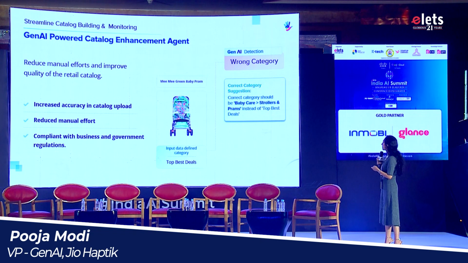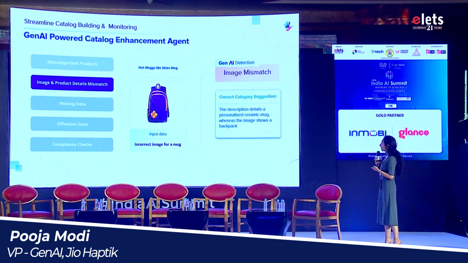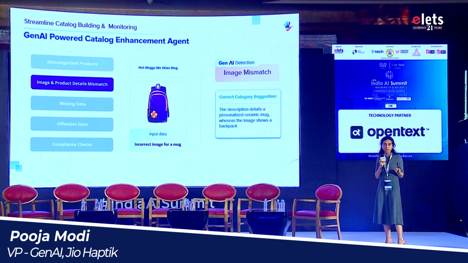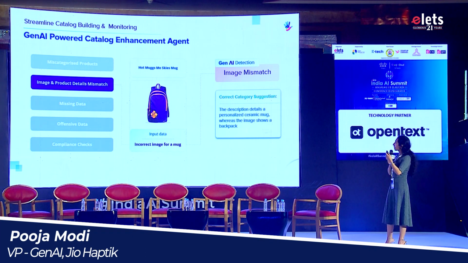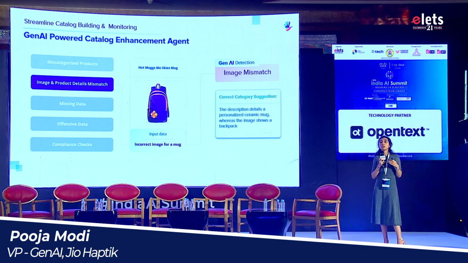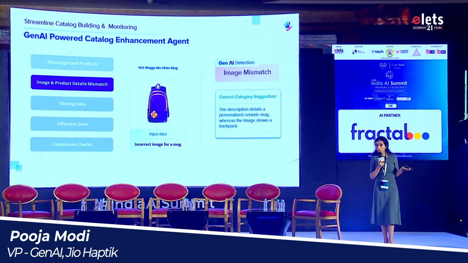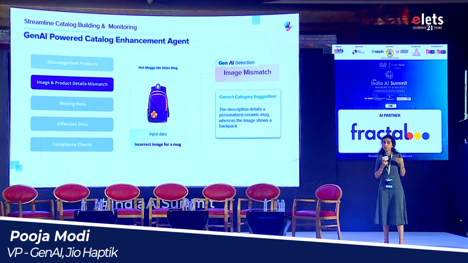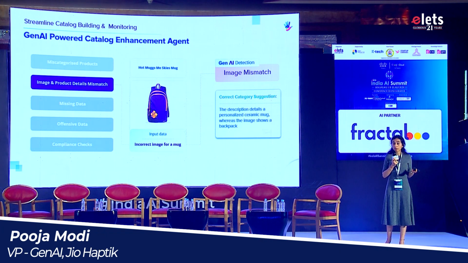Then the other piece within catalog enhancement is image and product detail mismatch. Oftentimes, again, there is an image of a product and then there is a title or a description. People put a lot of keywords in the title and the description that probably don't have a lot to do with the image. Oftentimes, they're even just factually incorrect, again, to optimize for search results.